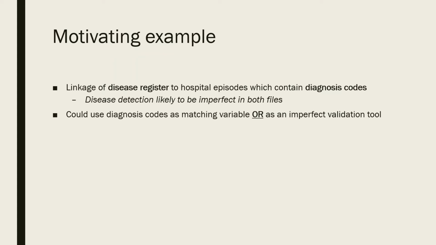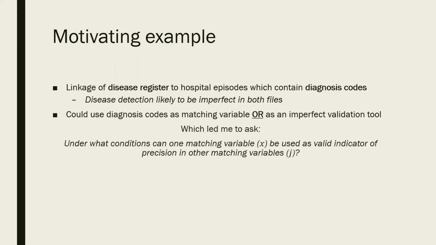And there's this question of, we could use the diagnosis codes as a matching variable, to make the hospital episode records that had diagnoses more likely to link to the disease register, or we could use it as a validation tool, an imperfect validation tool, because we can't be confident that diagnoses have all been recorded in the hospital data. So this led me to ask the question, under what conditions can one matching variable be used as a valid indicator of precision in the other matching variables?